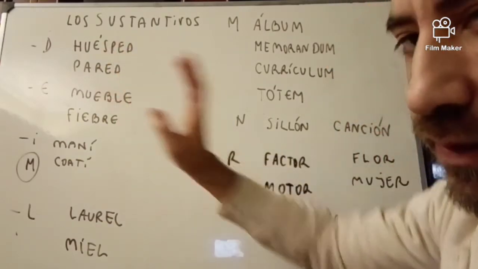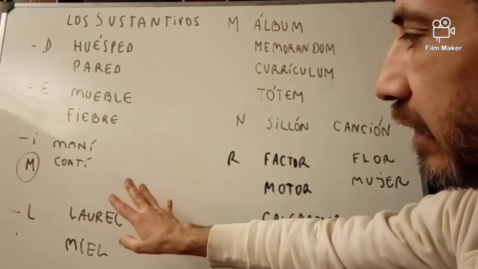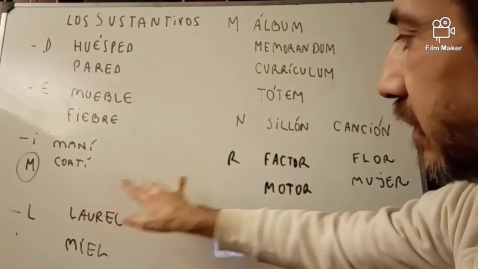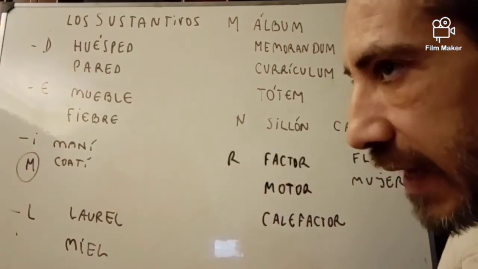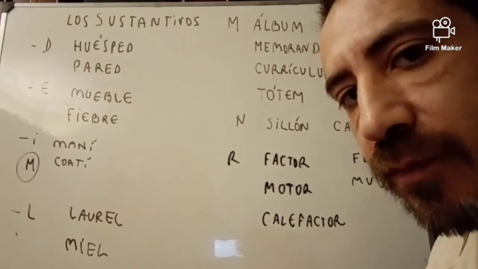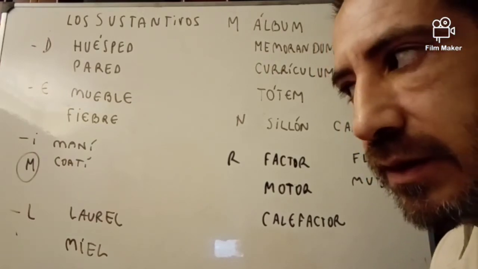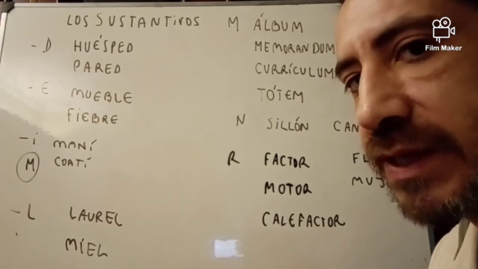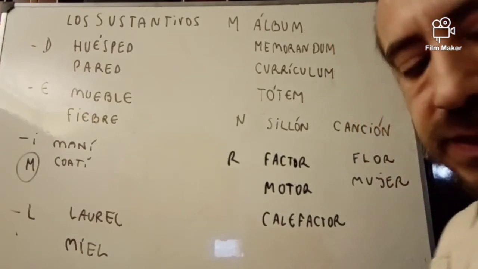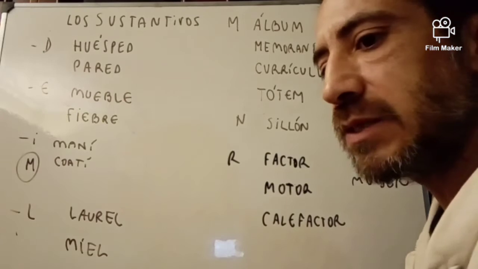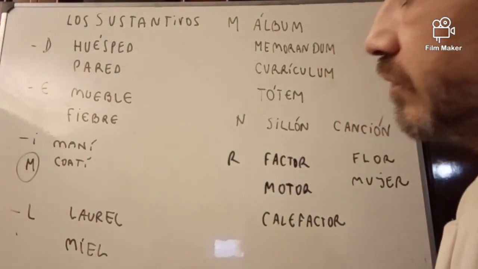Here I didn't put examples with nouns ending with O because they are the ones that have more exceptions. So nouns can also end with the following letters.